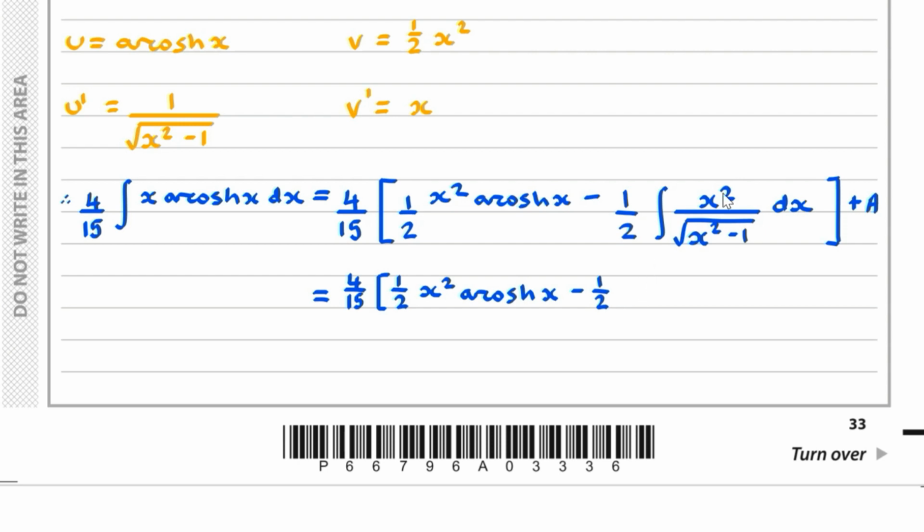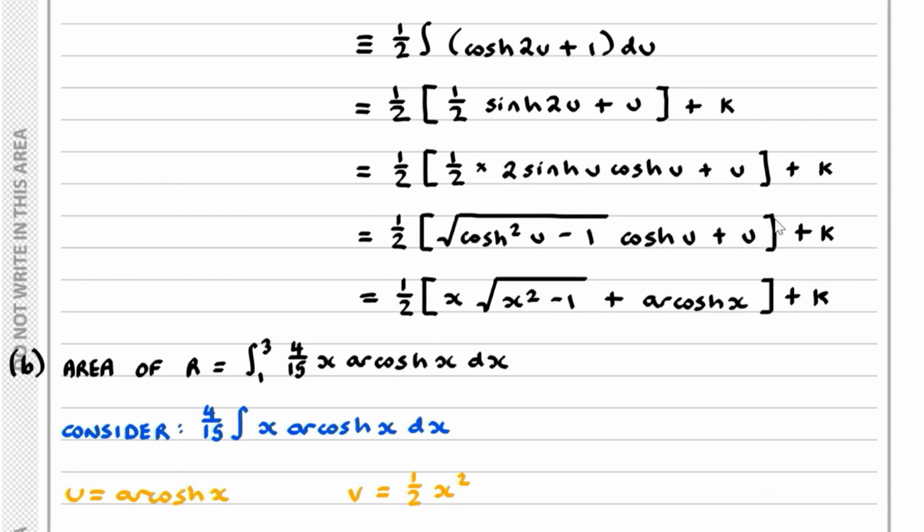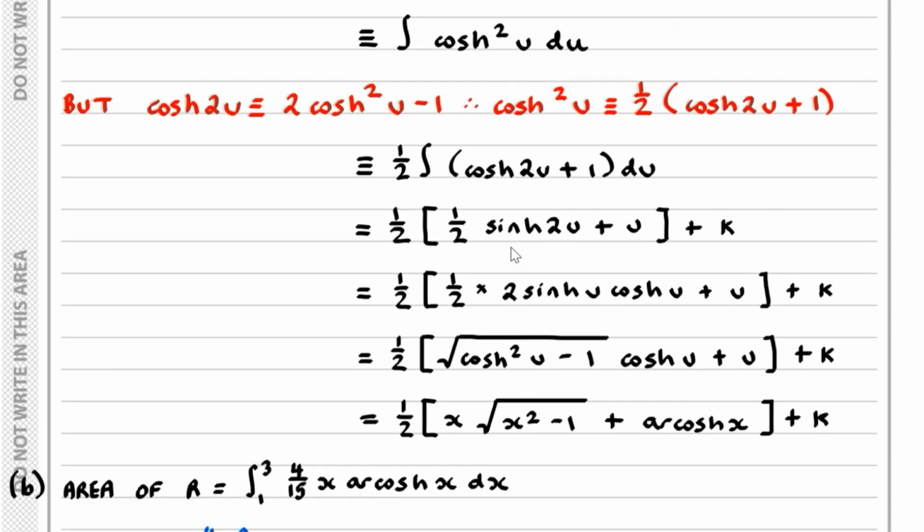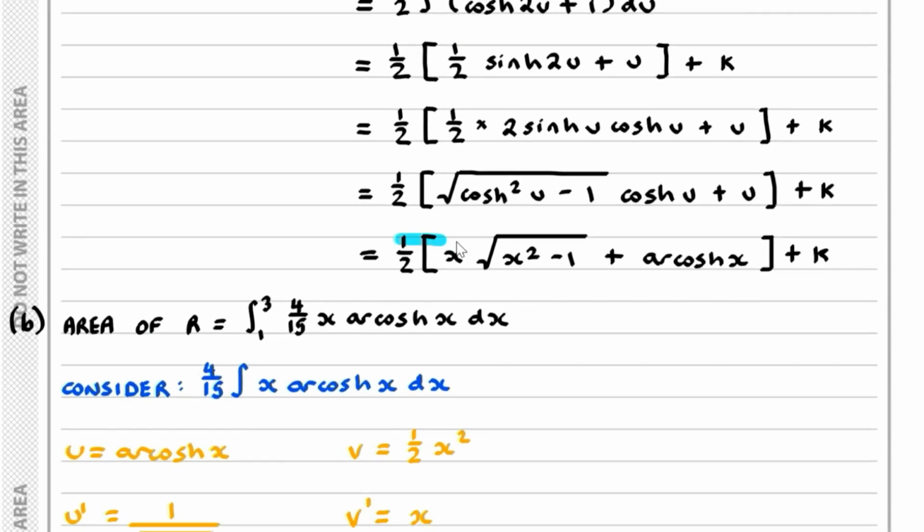And then here, be careful, we worked out this result here previously. We worked out this result to be this over here. So we need to be careful with our brackets.